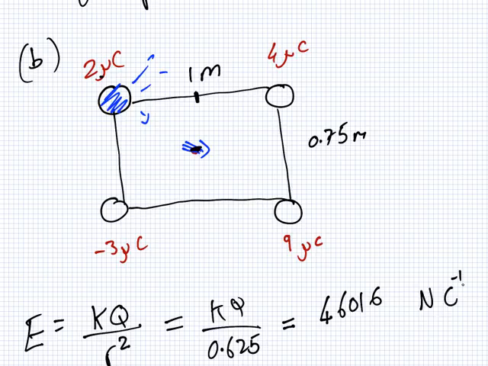That's a constant, which is in your formula book. Here's the K: 1 over 4 pi epsilon 0, 8.99 times 10 to the 9. It's not calculated on the calculator. 460 is the whole answer.